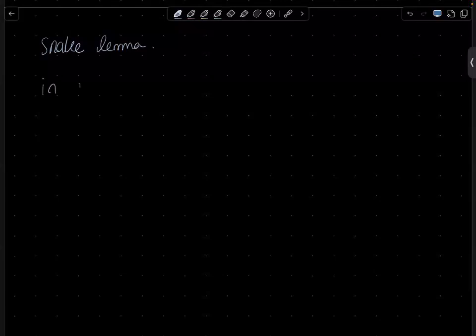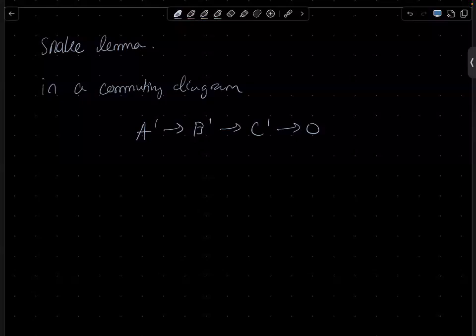So in a commuting diagram that looks like the following. If I write A prime, B prime, C prime, and 0 here, then I have maps going down like this. A, B, C, maps going this way, and then another 0 here.